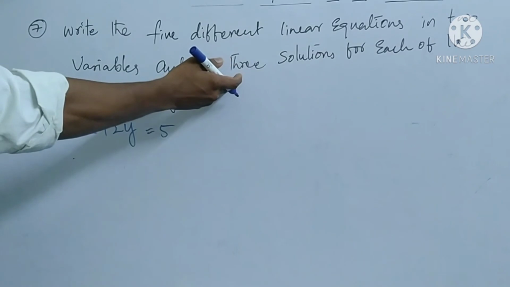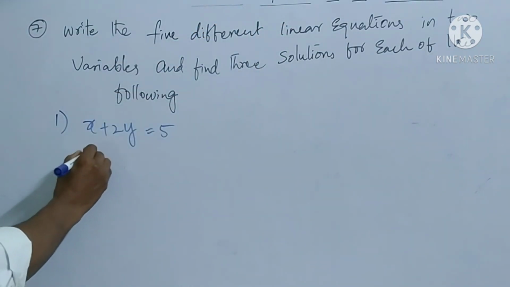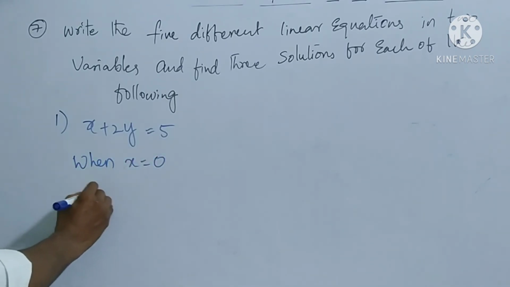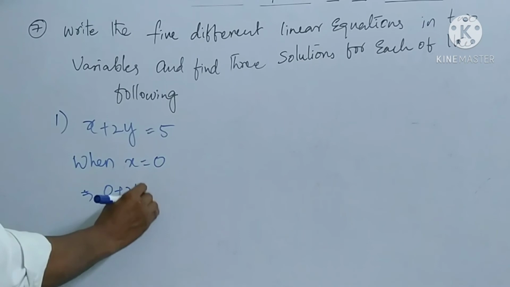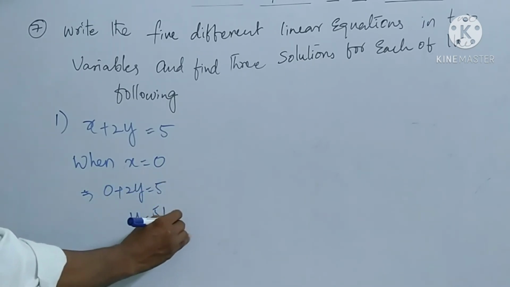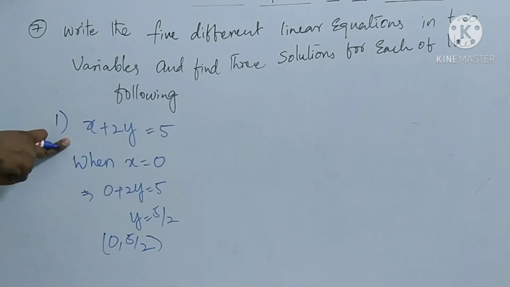So I have to find three solutions. When x is equal to 0, that is 0 plus 2y is equal to 5, y is equal to 5 by 2. When x is equal to 0, what is the y value? 5 by 2. So here (0, 5 by 2) is a solution of the given linear equation.